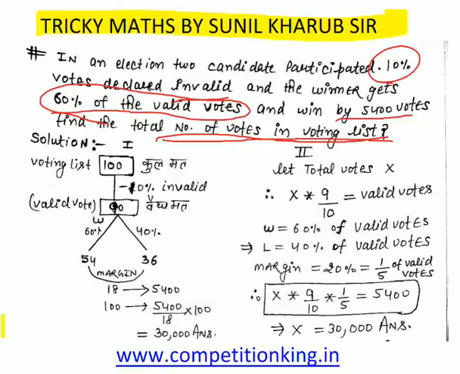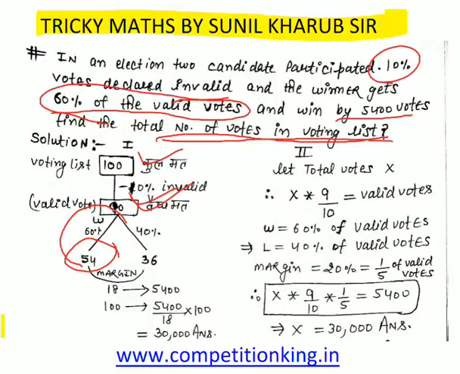I assume total votes 100. 10% invalid. This means 90 votes are valid. Now the winner gets 60% of the valid votes. Now 60% of what? 90, because 90 is valid vote. 60% of 90 is 54. But you know, winner plus loser is equal to valid votes.